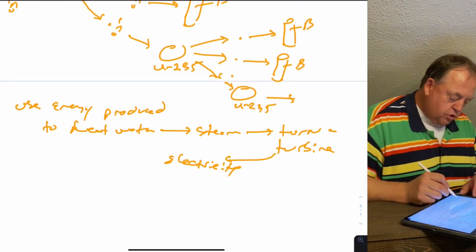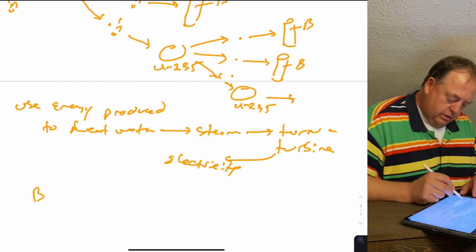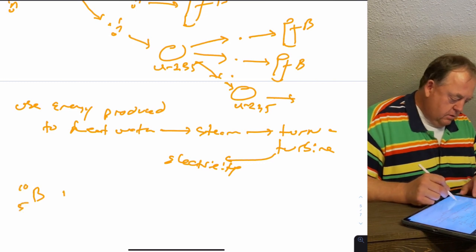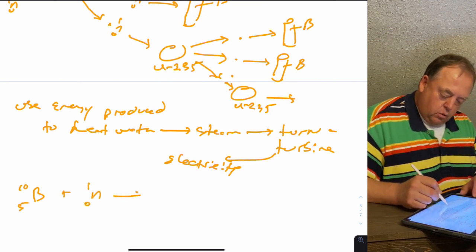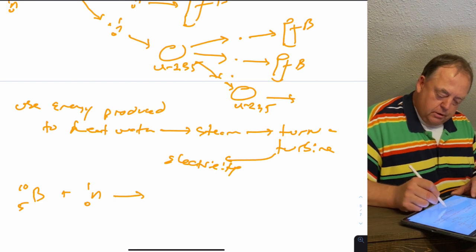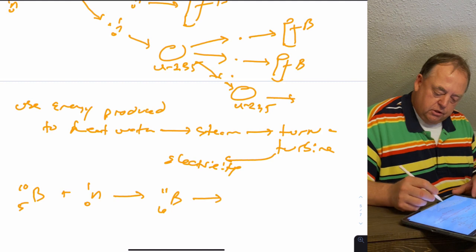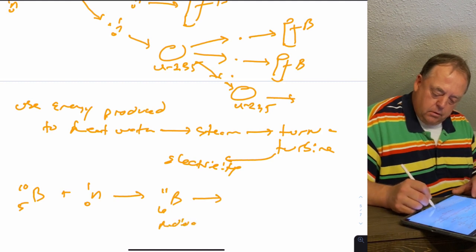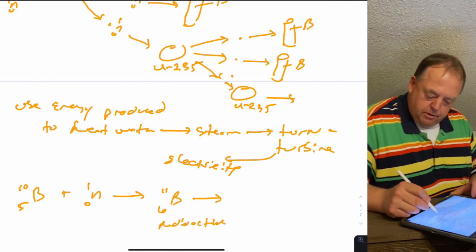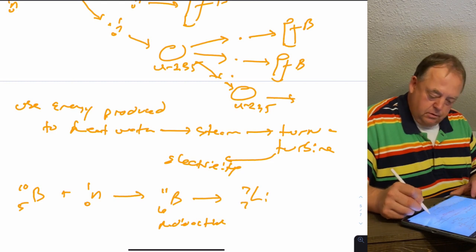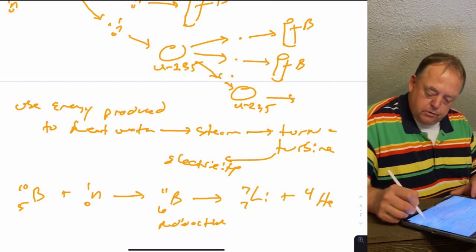So how are the boron control rods working? We looked at this in a previous lecture. Right, boron would absorb a neutron into its nucleus to make boron-11, which is then radioactive, and it decomposes to lithium-7 plus alpha particles.